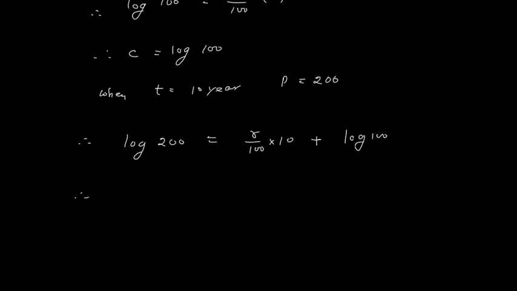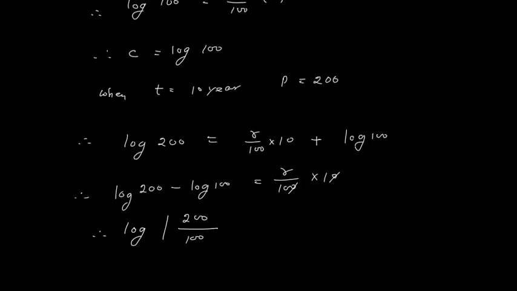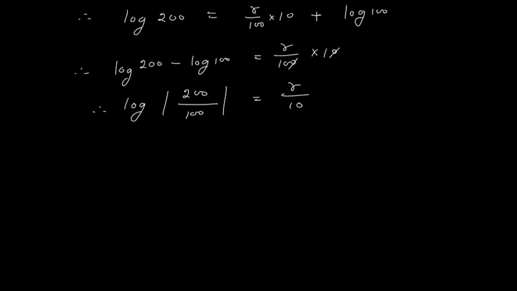Therefore log of 200 minus log of 100 is equal to R upon 100 into 10. So this and this will cancel. Therefore I have log of 200 divided by 100 is equal to R upon 10. So log of 200 upon 100 is what? Log 2. So log 2 is equal to R upon 10.